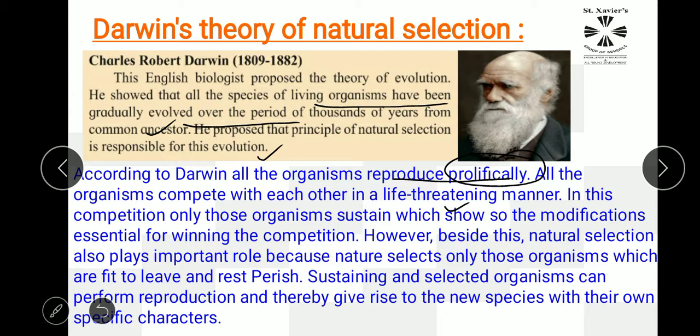So those who are fit to survive in the environment live, they survive, they reproduce, and when the new generation comes, it has the characters of the last generation, and they are also fit, students. They are also fit.